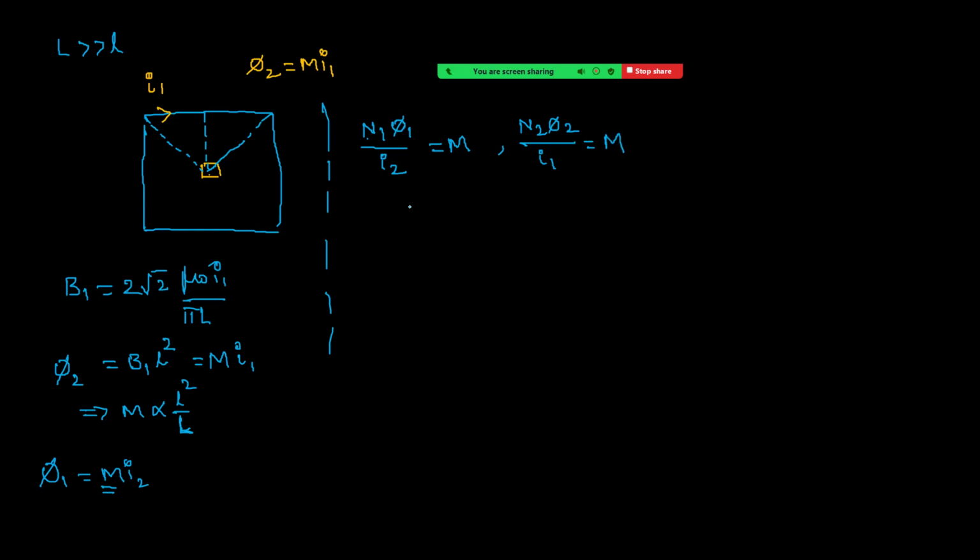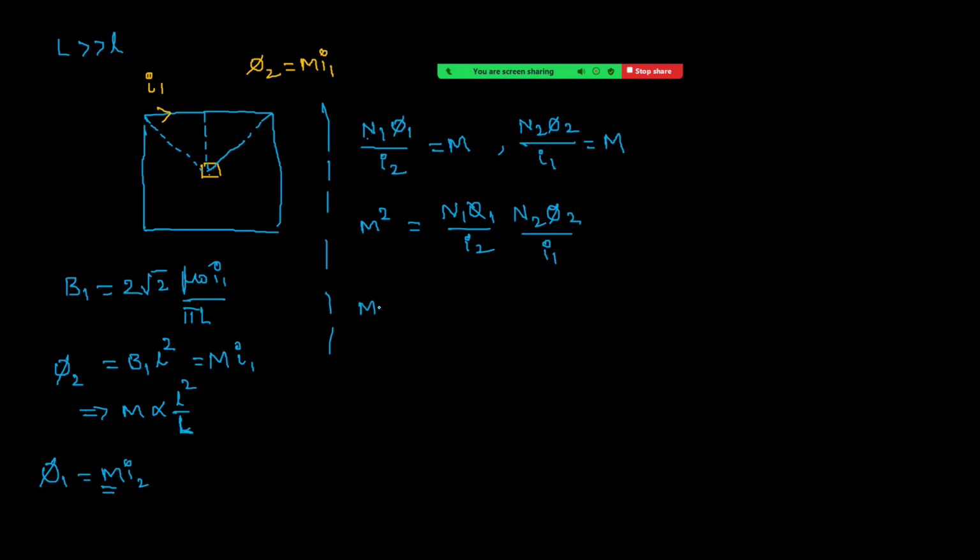Now multiply these two. We are going to get M square equal to N1 phi 1 upon I2 into N2 phi 2 upon I1. And you can see N1 phi 1 upon I1 is the coefficient of self-induction, and N2 phi 2 upon I2 is the coefficient of self-induction for the second coil.